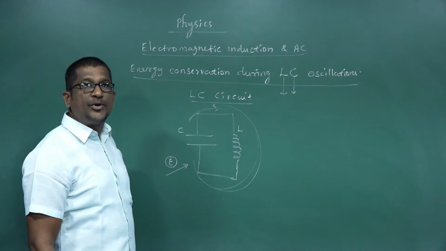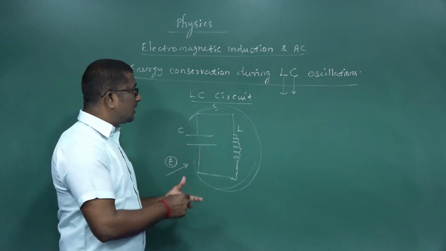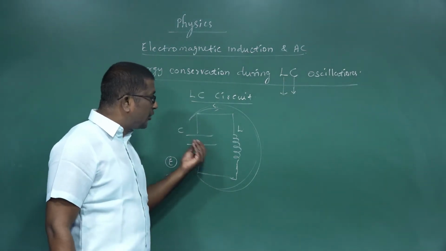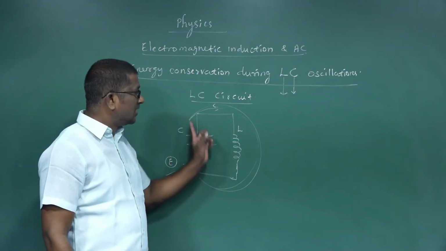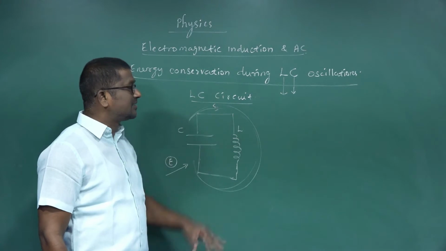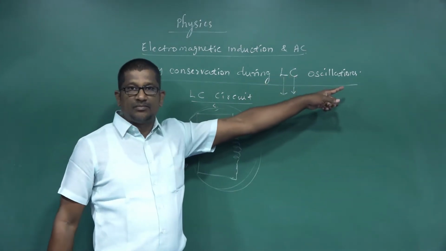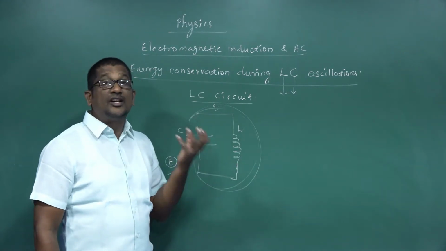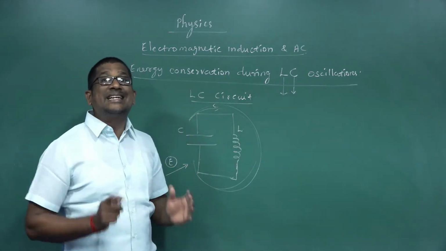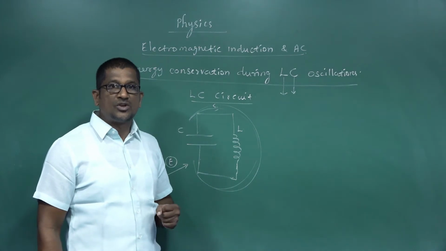This oscillation has a definite frequency. Such oscillation that exists in the LC circuit is called LC oscillation. During this LC oscillation, the total energy of the system is always conserved.